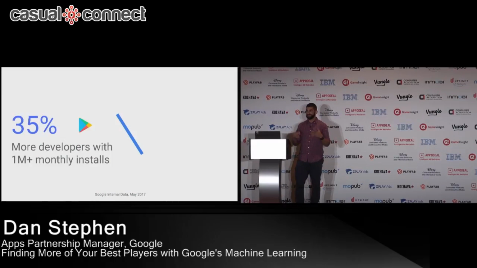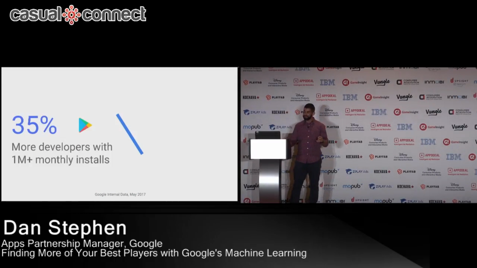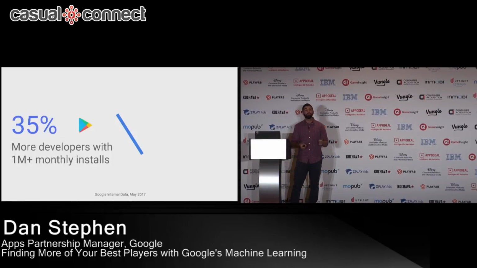But with that huge pot of revenue, the competition is heating up. In 2016, the number of developers with 1 million monthly downloads, or installs, sorry, grew by 35% year over year. And we expect that number has actually accelerated in 2017.